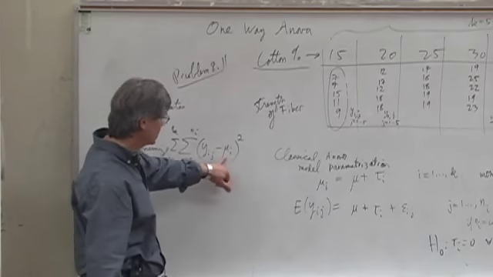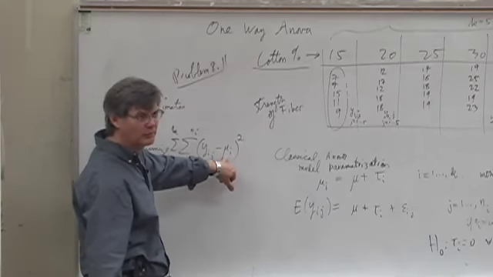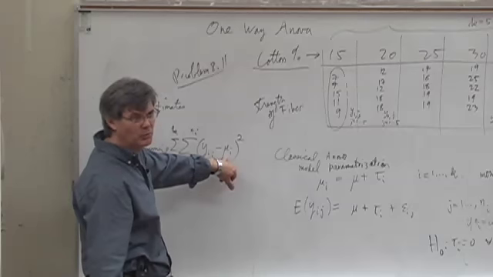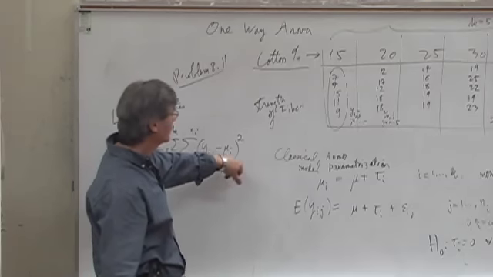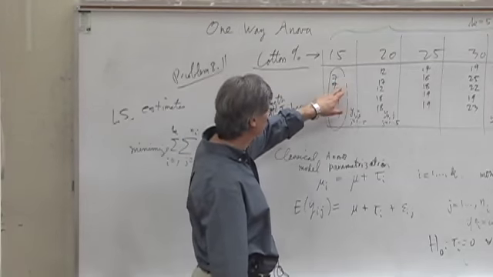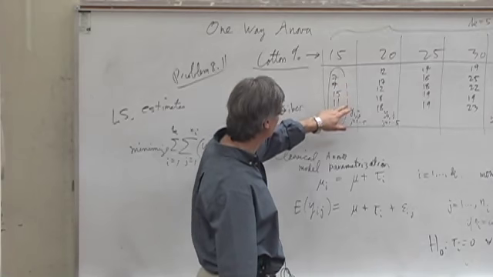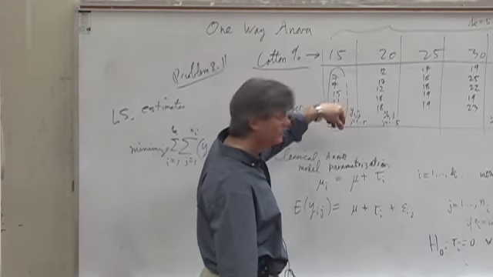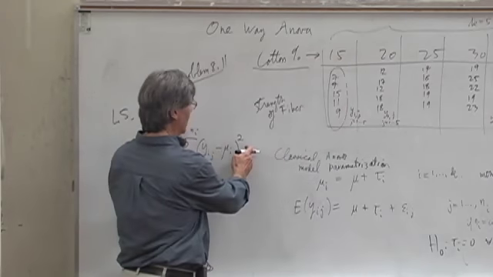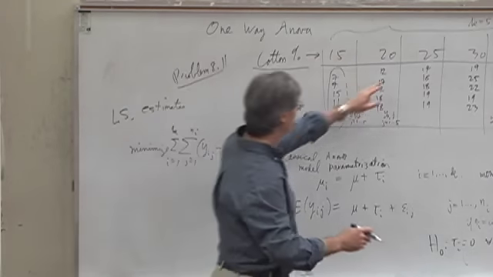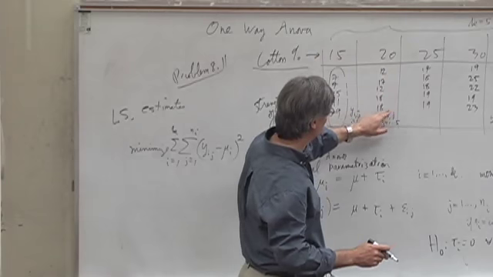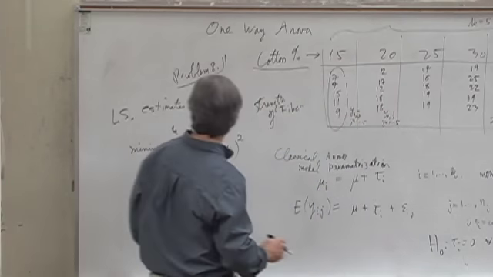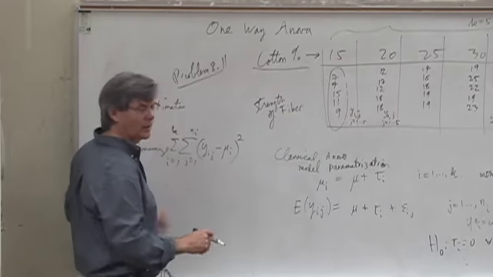If I go back to the model for means, I'm subtracting mu1 from this number, mu1 from this, and mu1 from this, and taking the sum of the squares. Then I subtract mu2, mu2, mu2, mu2, mu2, and the next one. And that's my summation on i. Okay?